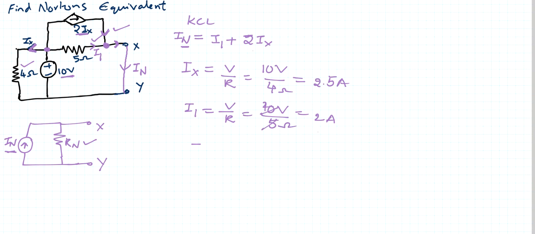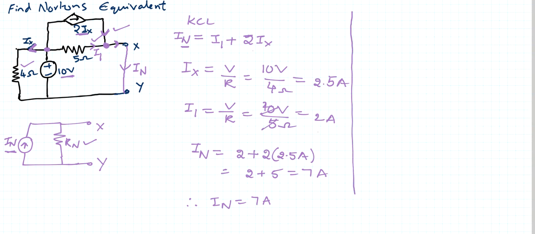Now In is equal to I1, 2 amperes, plus 2 into 2.5 amperes, that is 2 plus 5, which equals 7 amperes. Therefore I Norton is equal to 7 amperes. Now what about R Norton? Let us see about R Norton.